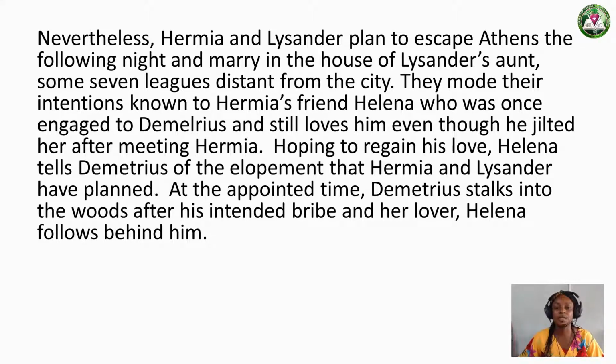Okay, so we are made to understand that Helena was engaged to Demetrius, and she still loves him, despite the fact that he jilted her after meeting Hermia. That means immediately Demetrius set his eyes on Hermia, he decided to quit the relationship between him and Helena.